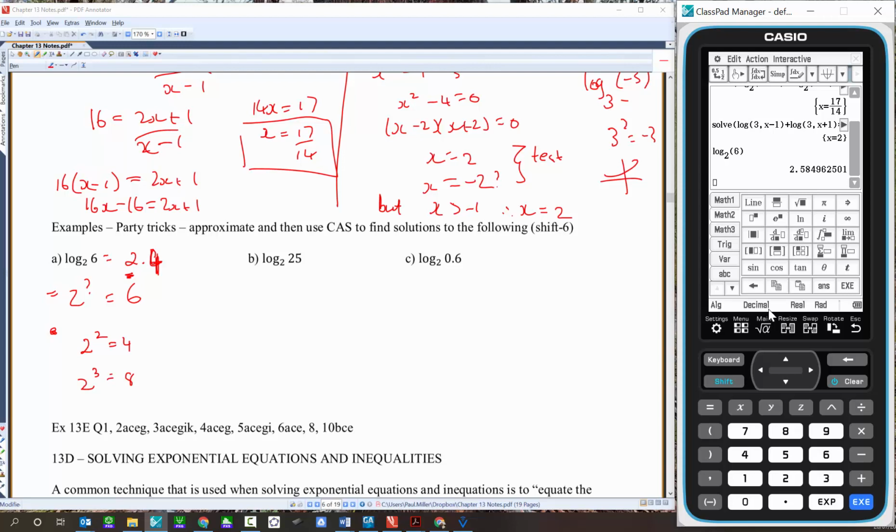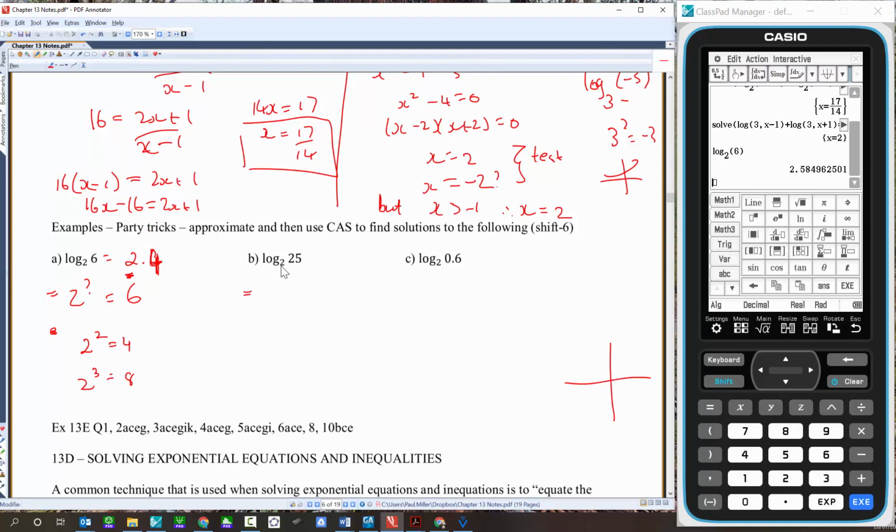I got 2.4. Now, I was wrong, but if you think about it, if that's a number that I have to plot on the number line and I'm trying to imagine where that is on the number line, and I said 2.4 and the actual answer is 2.6, 2.4 is a pretty good approximation of that, okay?